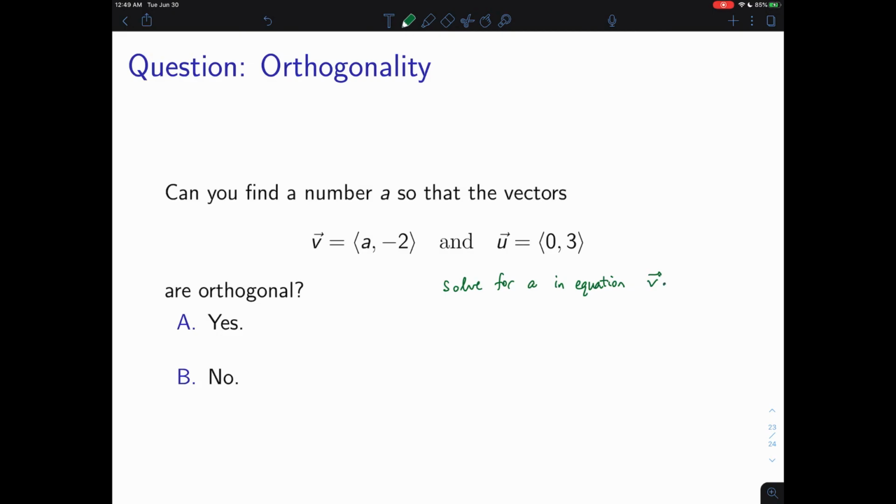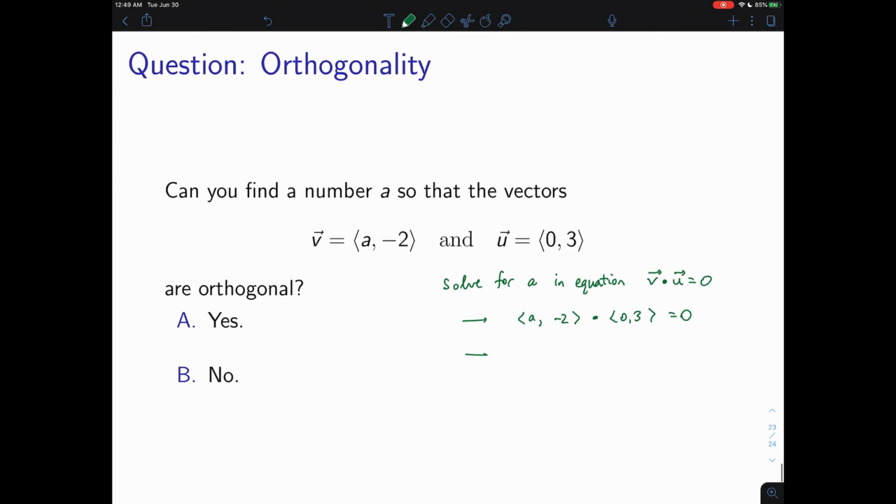And our equation is that if we want them to be orthogonal, I need this dot product to be 0. So I want a comma minus 2 dot 0, 3 to be 0. Does that help? Do you want to try solving that equation? You can pause the video and try.